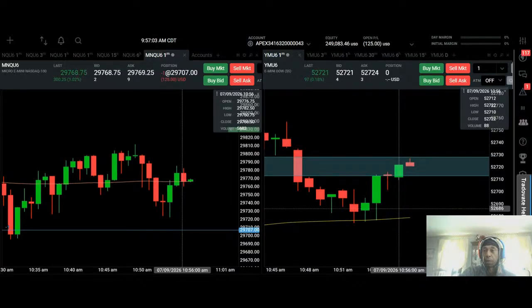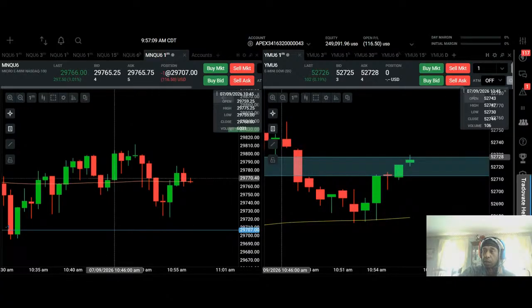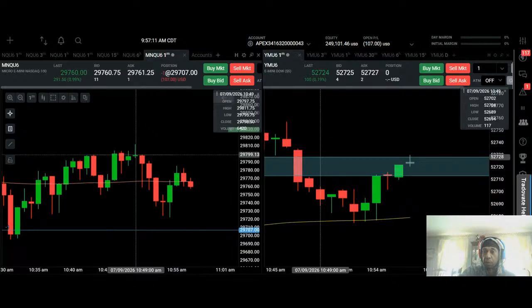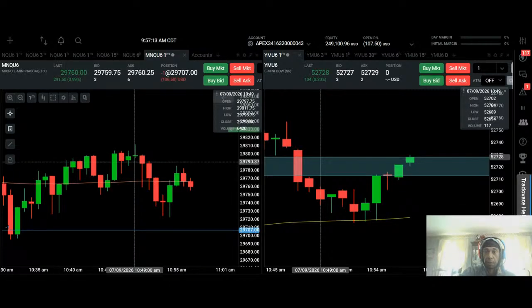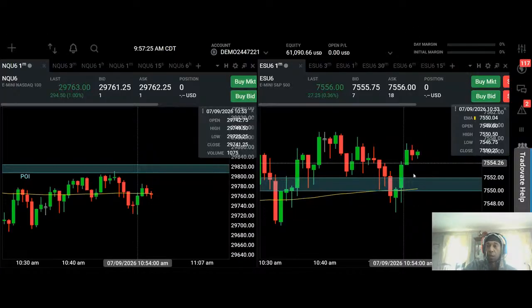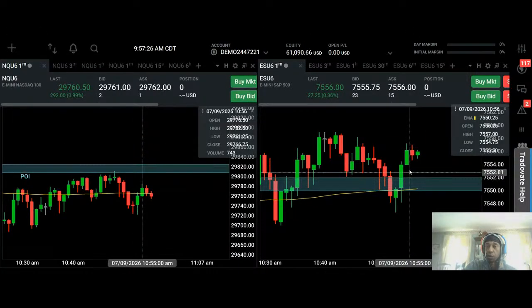I do got a sweep of that high on the ES. That green candle right there, ES just swept that candle. So if that's the case, we need ES to close below this green candle right here.